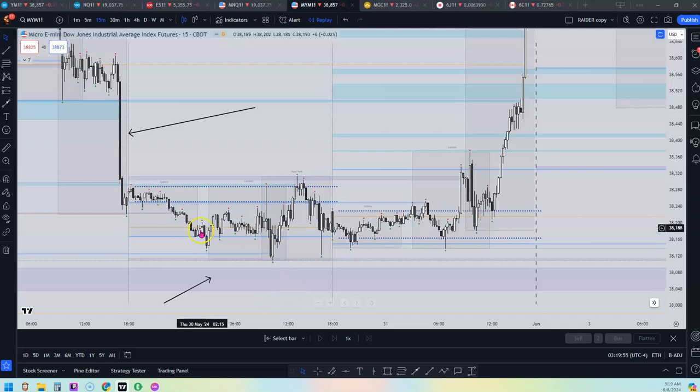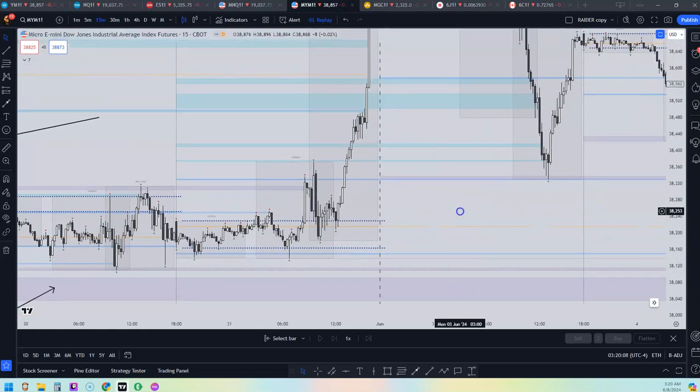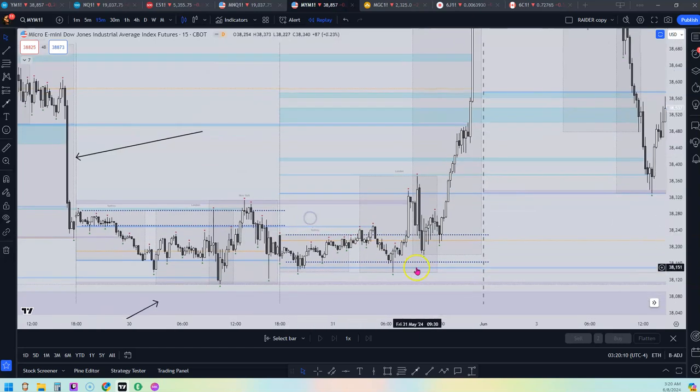So Thursday, this was just kind of meandering. It doesn't really know what to do. There's opportunities, but not the type of opportunities and market structure that I personally like. And same goes for this one. It isn't too bad, but it still makes me nervous.